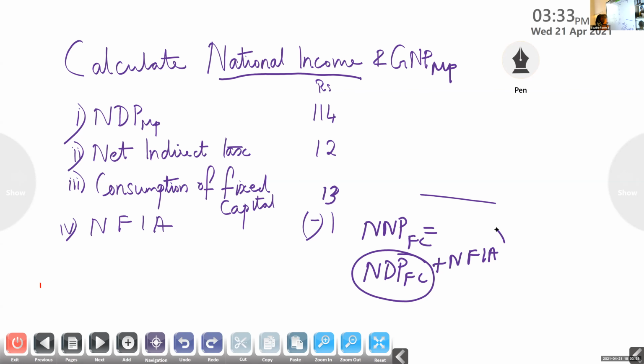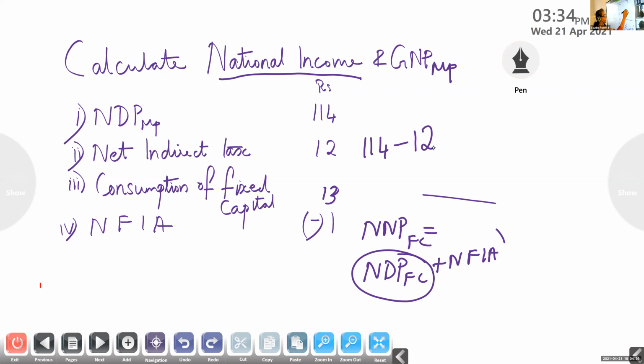So, what will be the answer? 114, from that we are reducing the net indirect tax, and there are no subsidies, so leave that.